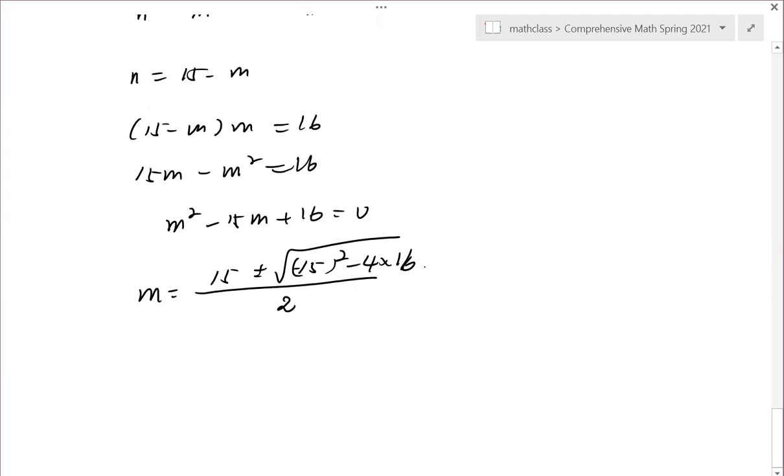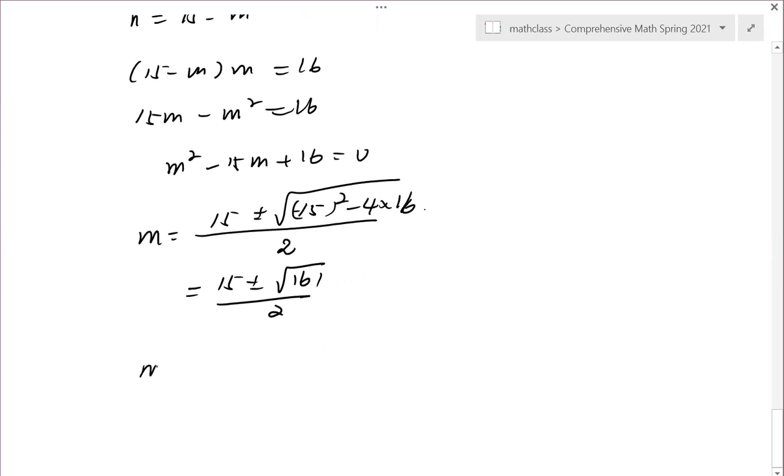And so inside, it's 225 minus 4 times 16, which is 161. It's a positive number, so you do have two solutions. If m is 15 plus the square root of 161, divided by 2, then n is 15 minus the square root of 161, divided by 2.